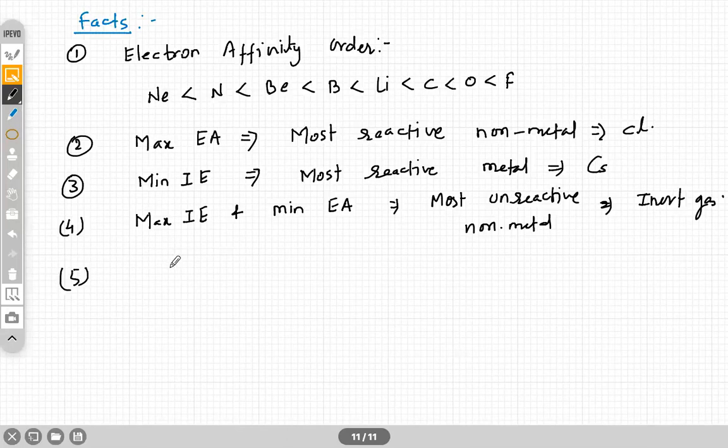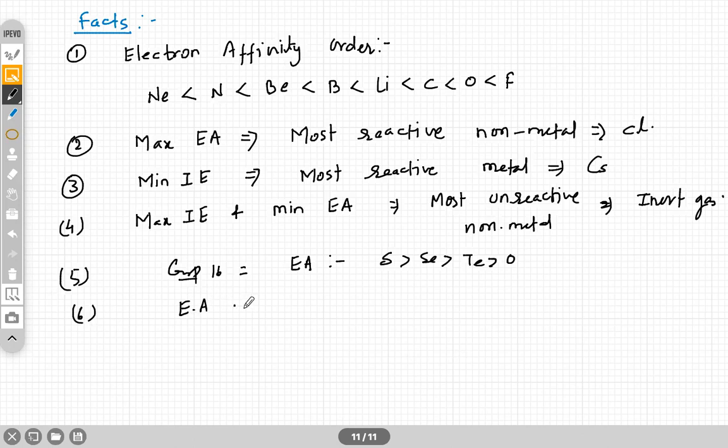Group 17 I have given you already. Group 16, you see, the order of electron affinity is sulfur, then selenium, then tellurium, and then oxygen. The electron affinity of iodine is more than that of sulfur.